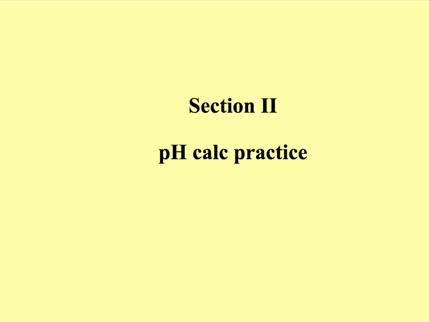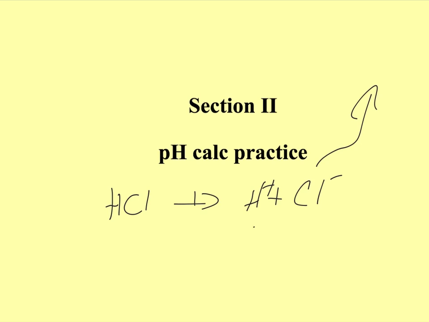So aside from the confusing ways of looking at strong versus weak, for example a strong acid, HCl. We already know HCl turns into H plus and Cl minus, and they leave off into the sunset.